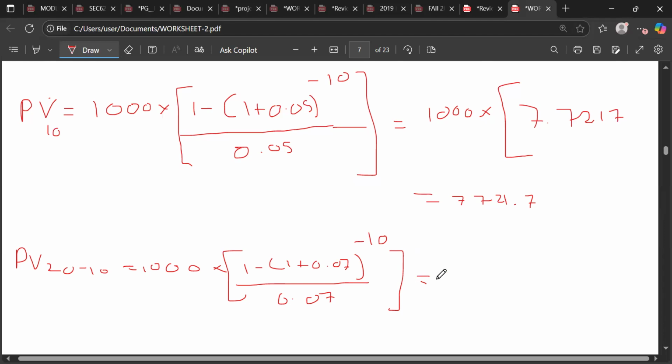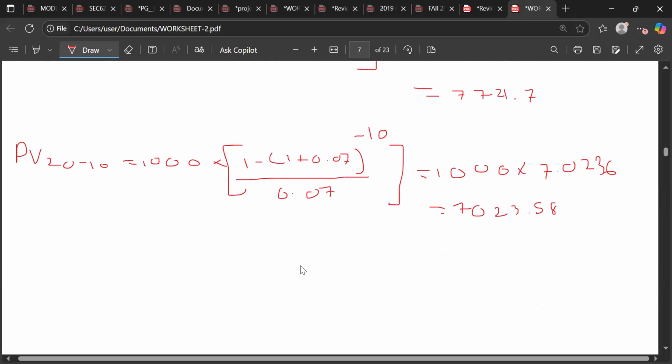So 1,000 times 7.0236, which will give us 7,023.58.